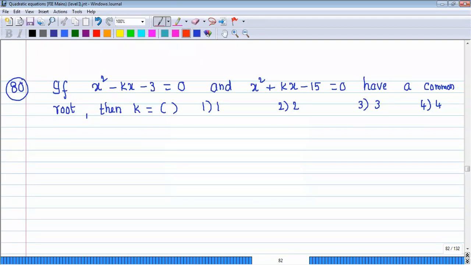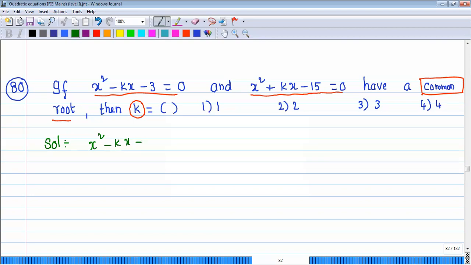See, x square minus kx minus 3 is equal to 0. x square plus kx minus 15 is equal to 0. Have a common root. Then value of k we need to find out. Right. So first let us find out the value of x in terms of k. Substitute that x value either in equation 1 or equation 2. So x square minus kx minus 3 equals to 0, equation 1.